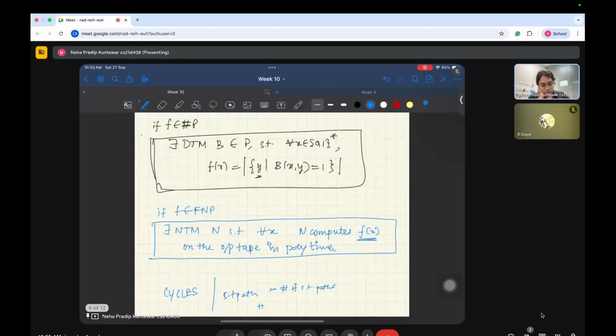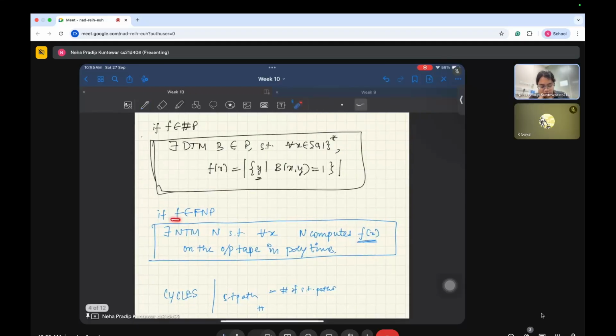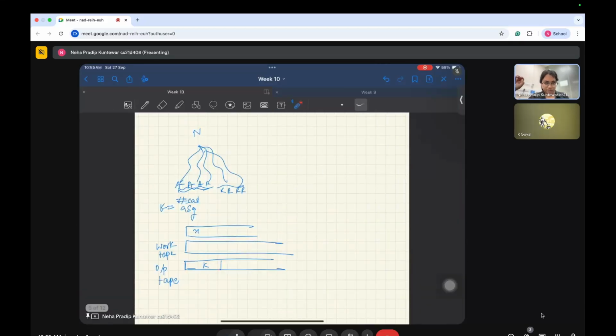But you do agree that for Sharp SAT to be in FNP, there should be a non-deterministic machine that will compute f of x and write it here, right? Yes.